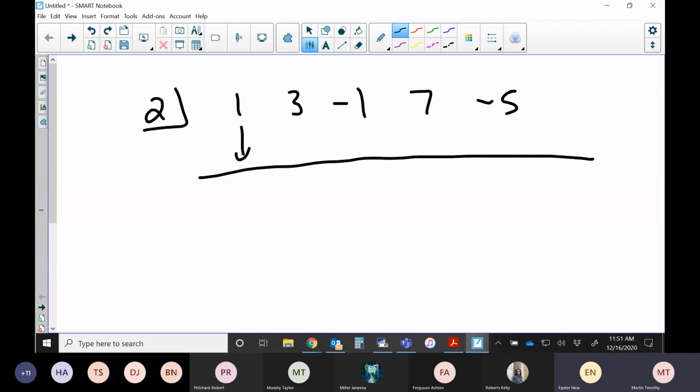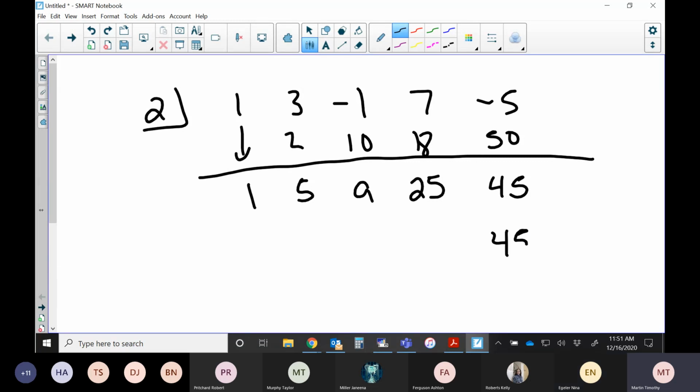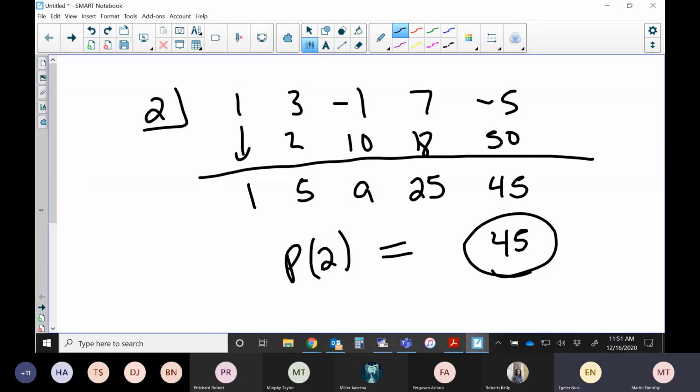And then you drop it down: 1, 2, 5, 10, 9, 18. 18 times 2 is 36, plus 9 is 45. So that's the answer. P of 2 should equal 45.